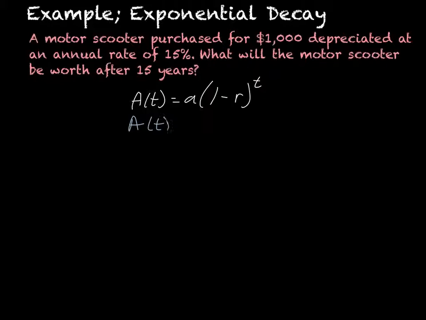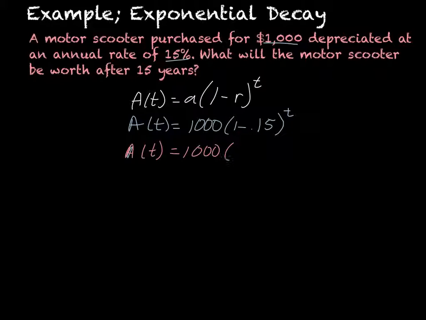A(t) equals, my initial starting was the $1,000, times 1 minus the rate of depreciation, which is 15%, 0.15, to the t power. And then if I simplify, I have A(t) equals 1,000 times 0.85 to the t power. And then the last step is to actually plug in what I know.